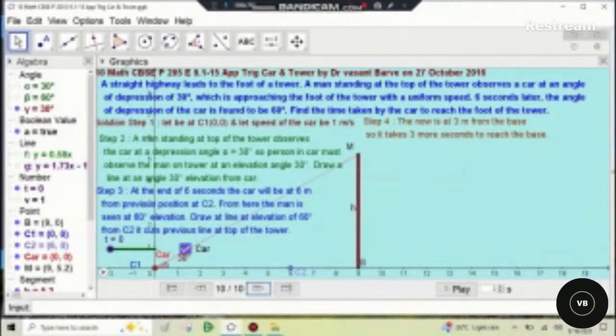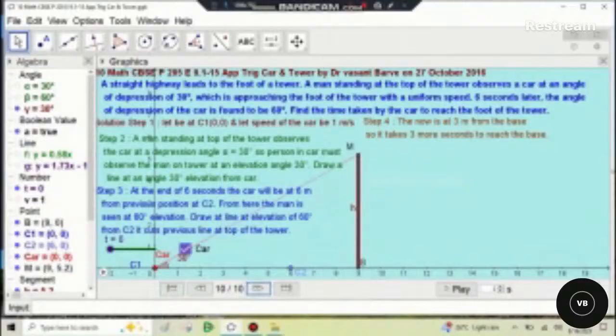So I am reversing the problem. The person is looking at the tower and is having the angle of elevation as 30 degrees. Okay. Now when you move this from C1 to C2, the angle of elevation is going to be 60 degrees.